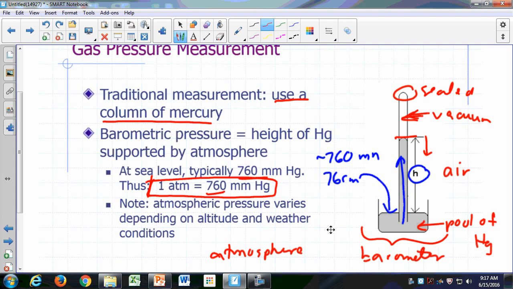So to avoid confusion, when we're referring to the actual atmospheric pressure, it's preferable to refer to it as the barometric pressure, so that you don't confuse it with the 1 atmosphere pressure, which is defined to be exactly 760 millimeters of mercury. Okay?